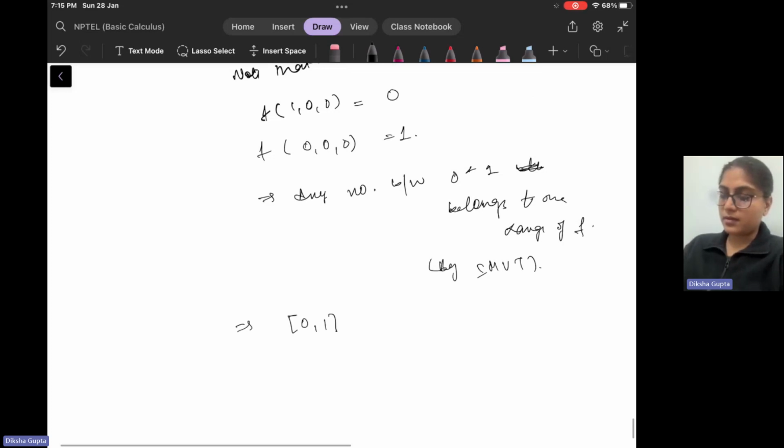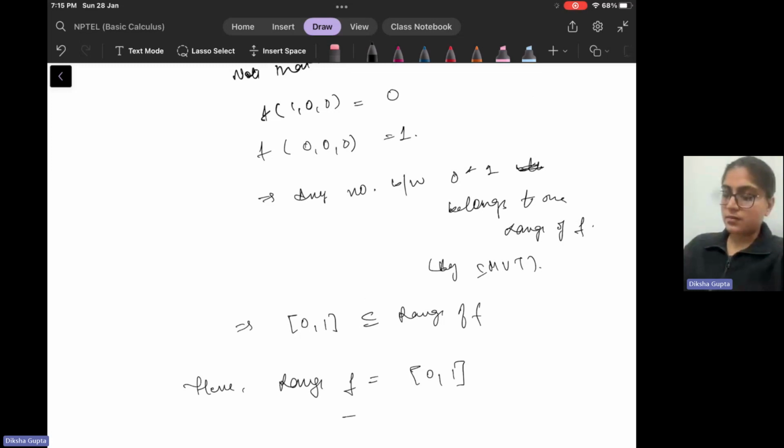Implies 0 to 1 is contained in the range of f, hence the range of f is 0 to 1. I hope it's clear.